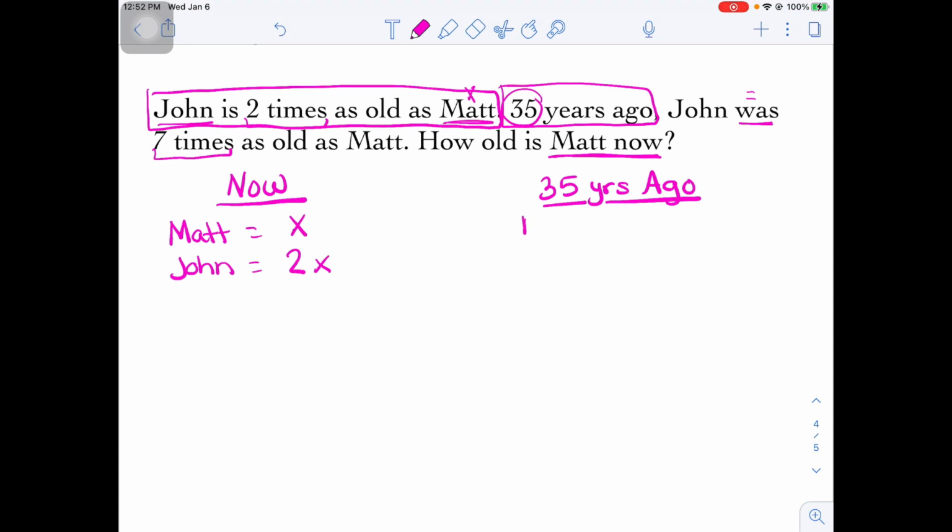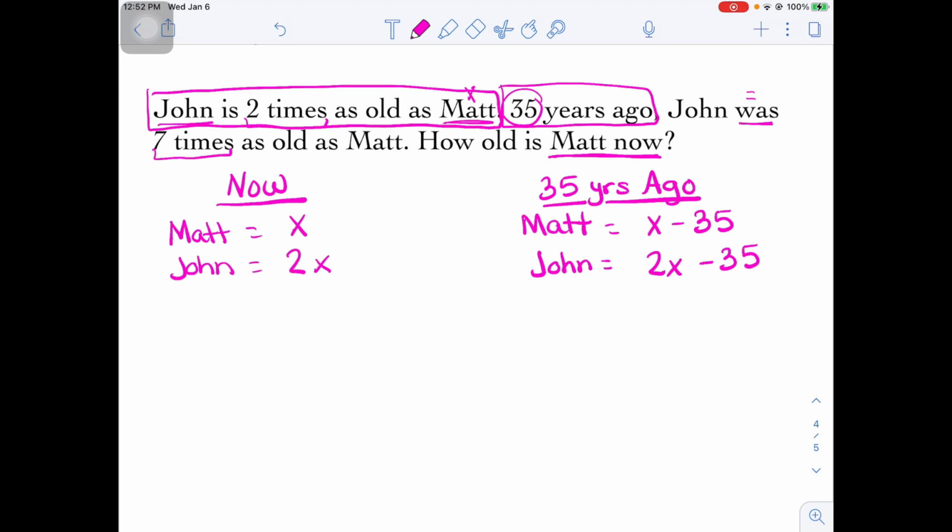Now, let's talk about 35 years ago. We have Matt, 35 years ago, and we have John, 35 years ago. Well, if Matt is X now, 35 years ago, he's going to be X minus 35. And if John right now is 2X, 35 years ago, he's going to be 2X minus 35. So now we have all our expressions. So now let's go into what we're going to use to set up our equation. So here's the second part.